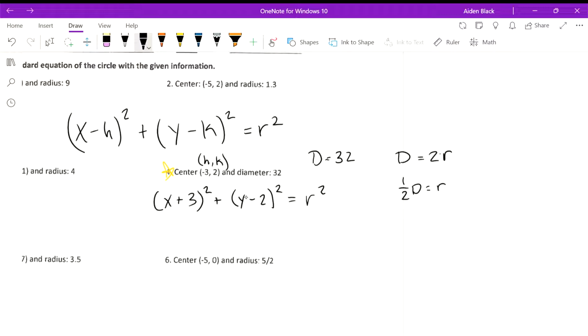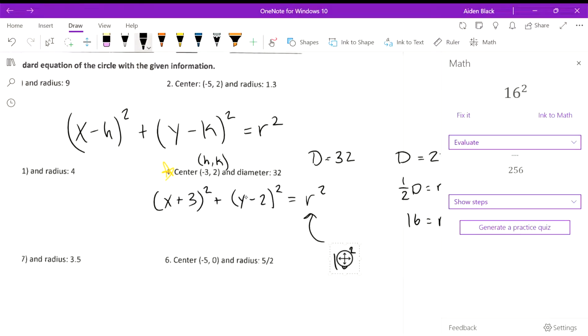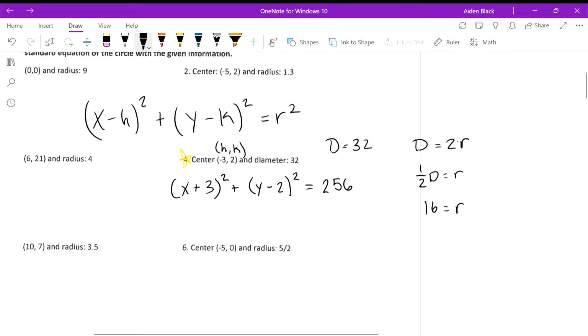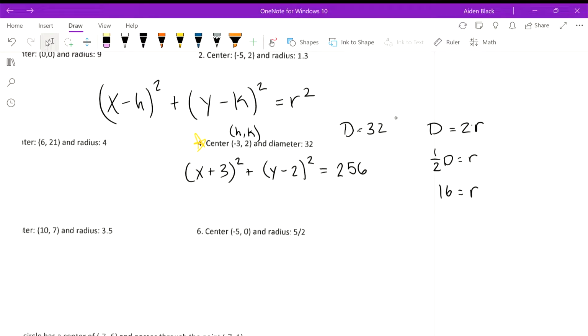So we know that the radius is equal to 16. So here we should have 16 squared, 16 to the power of 2, which is 256. Yeah, 256. Alright, so this should be 256.